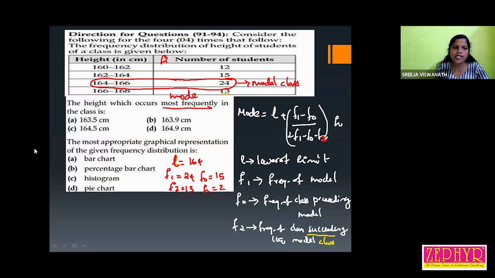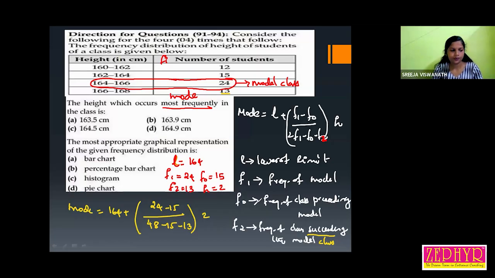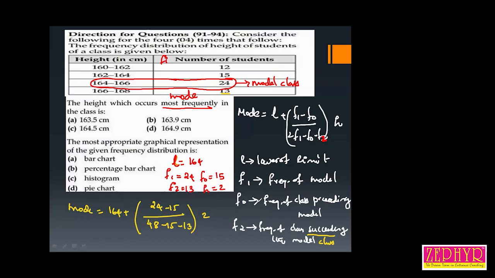So here what is the answer? Mode equals 164 plus (F1 minus F0, 24 minus 15) by (2F1, 2 into 24, 48, minus F0 minus F2) into H, 2.